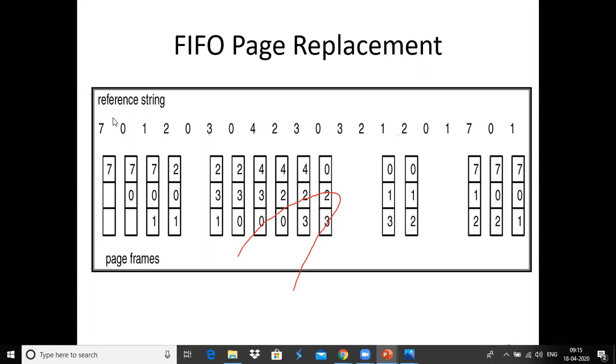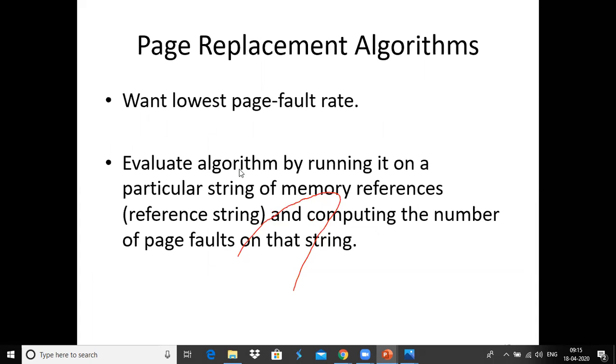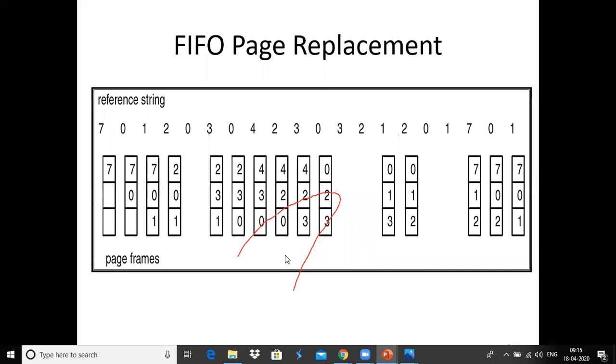So we apply it by running it on a particular string of memory references, that is the reference string, and compute the number of page faults on that string. Initially there are 3 empty frames: frame number 0, frame number 1, and frame number 2. The first reference is 7. The CPU generates a request for memory reference 7.